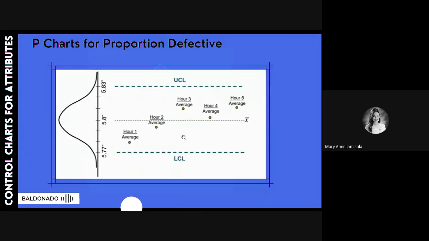So this is an example. For example, these are the averages of the samples. All values are within our upper control limit and the lower control limit. So we can say that this is within our control and thus it is acceptable.